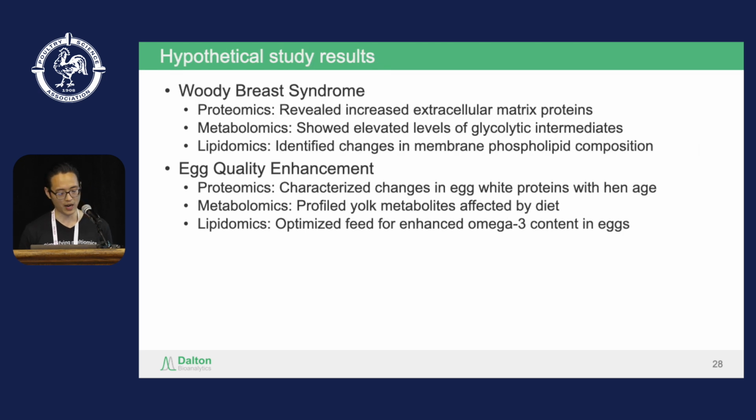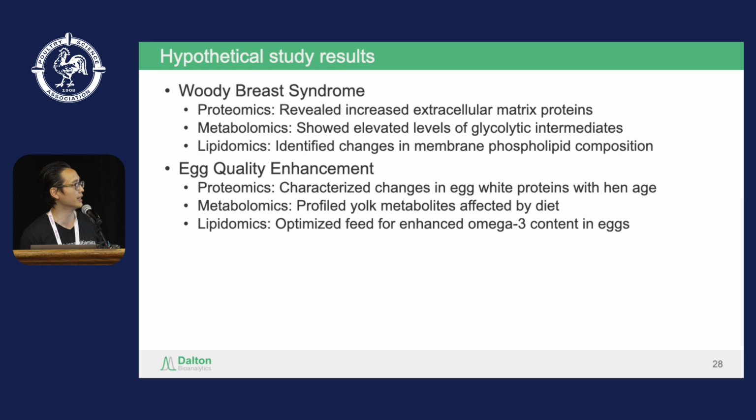So these are just some hypothetical study results that you might get if you studied poultry using these different approaches. So, if you looked at woody breast syndrome using proteomics, you might find that some extracellular proteins are disturbed or perturbed, right?